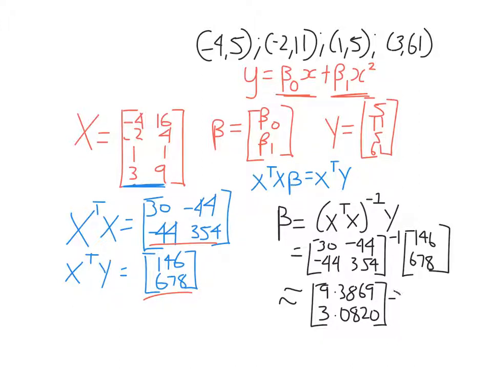So what we have is that the quadratic of best fit that's of this form, remember I didn't include quadratics with a constant term, so that would be y equals beta 0 times x, so I'm just going to round it to 2 decimal places here, plus beta 1 x squared.